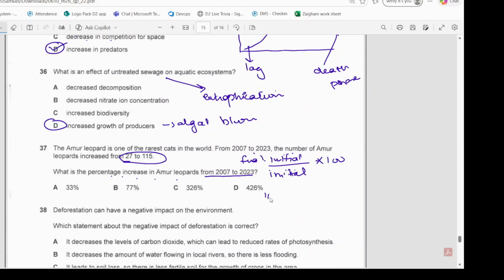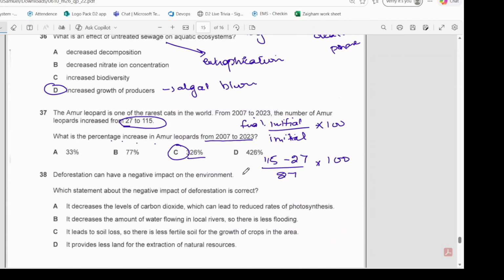So it would be 115 minus 27 over 27 multiplied by 100. Yeah, it's 326% because there is an increase, so it's definitely more than 100.